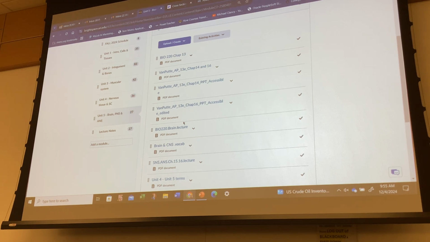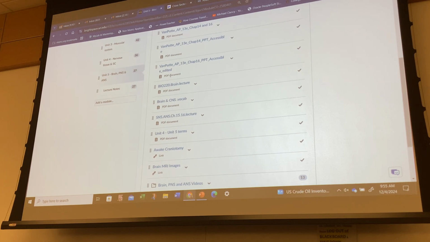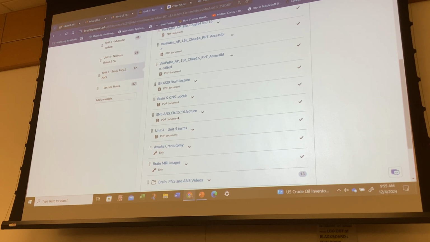These other files right here, there's the vocabulary section, there's the ANS and SNS chapter 15 and 16, there's the brain lecture. Those are from the old textbook. So if you wanted to see different views of this, different information, or the same information presented differently, that's one thing to do.